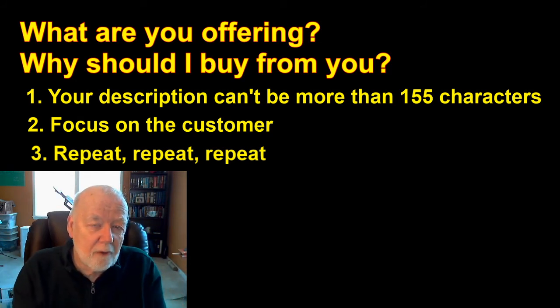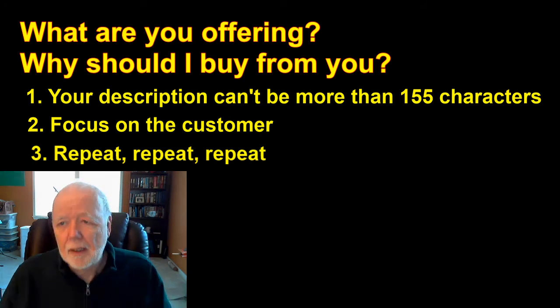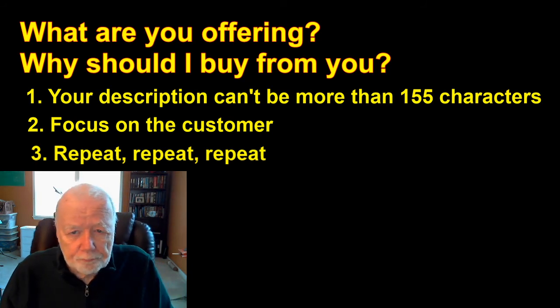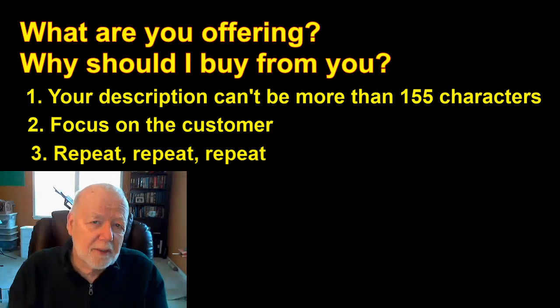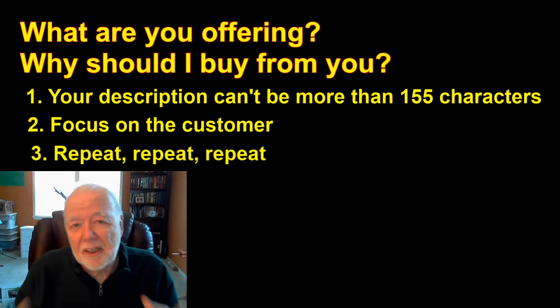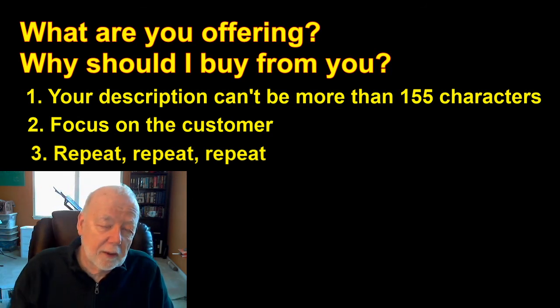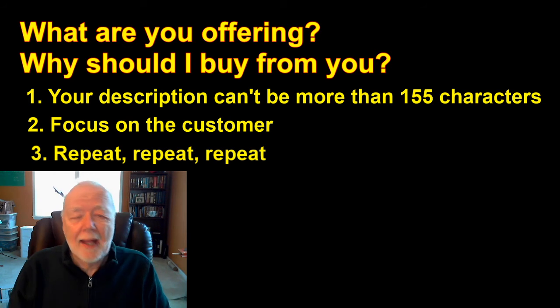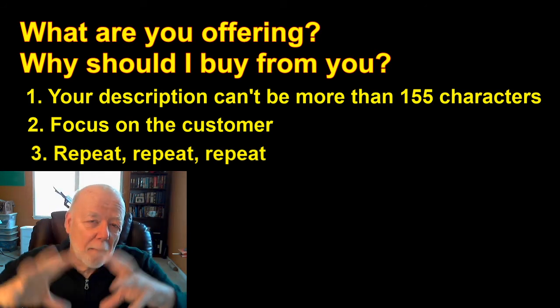It's very quick, and you've only got 155 characters. You've only got 155 characters to capture their attention and succinctly tell them what they're going to see when they click on that link and go to your page. And again, that's what a meta description is.